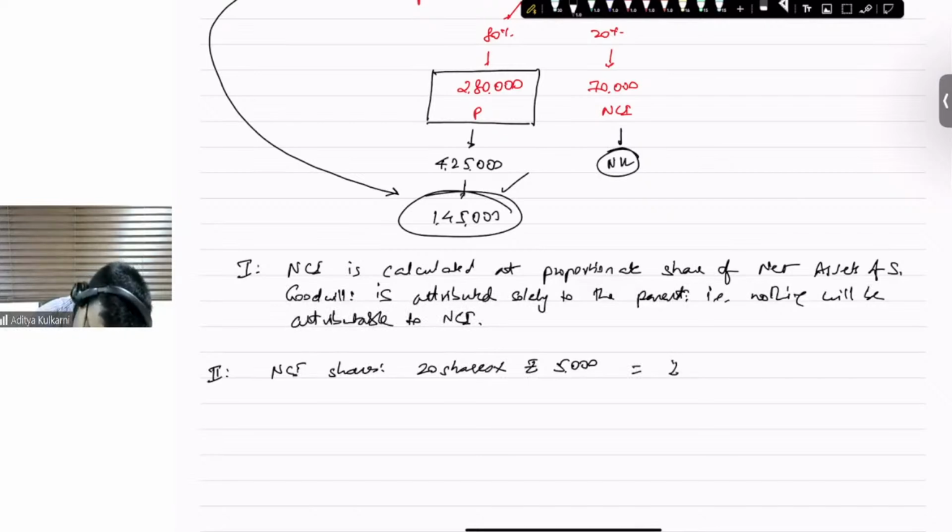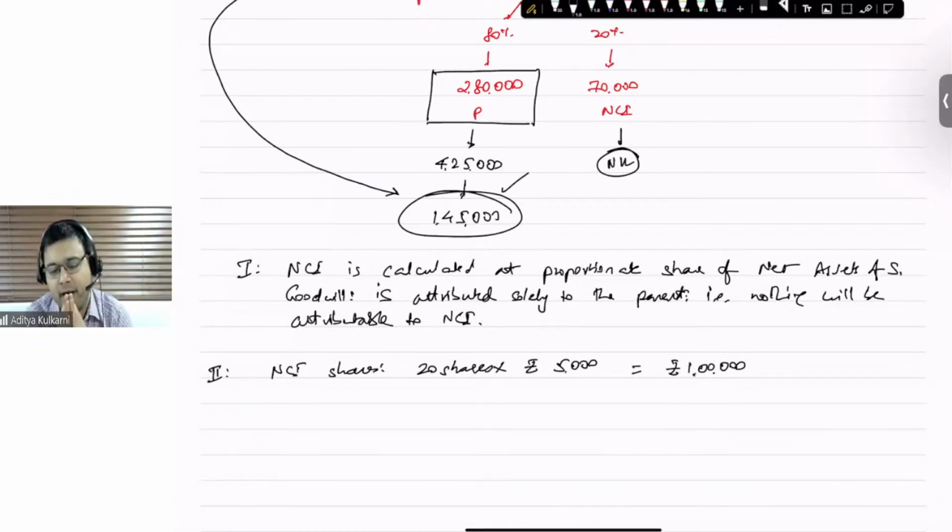So alternatively, can I say that NCI on the date of acquisition is rupees 1 lakh? Yes or no? If I have to buy these 20 shares, I will have to pay the NCI 1 lakh rupees, because that is the market price of the shares.